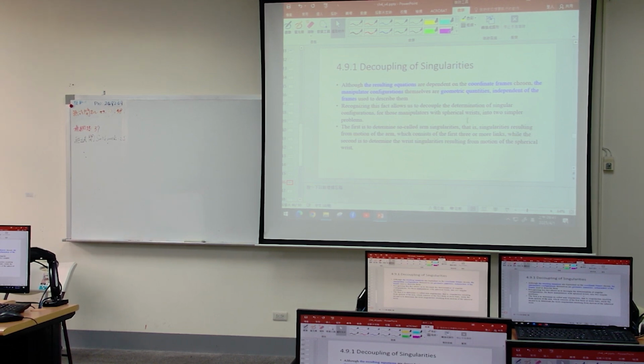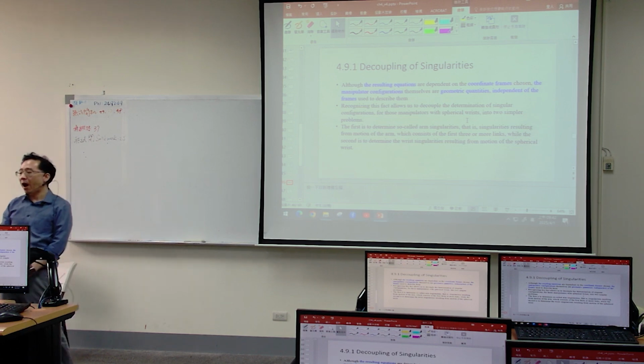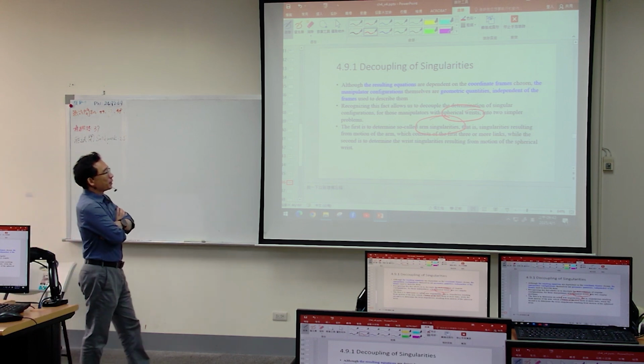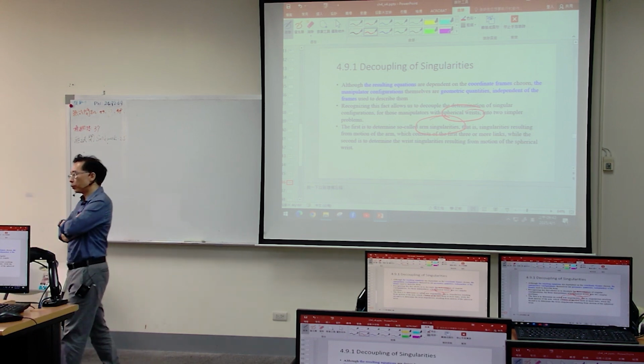So we go to the first example. The first example is for the 6 degree of freedom robot, and we divide the robot into two parts. The first part will be the arm singularity, and we decouple the other into the wrist singularity, or wrist part.